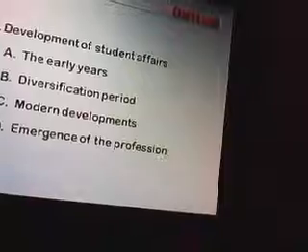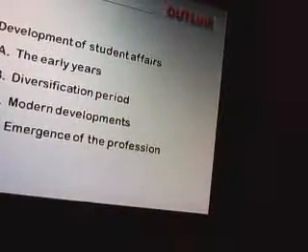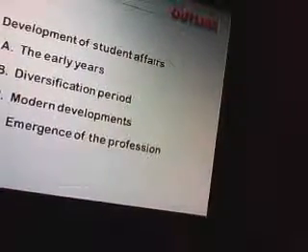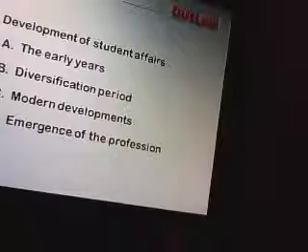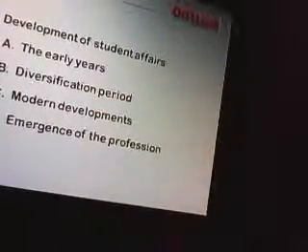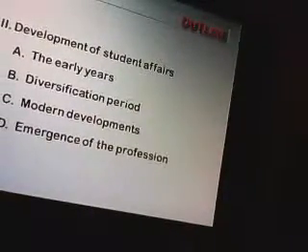Also, during this time, the attendance of students increased. There were a lot more students attending college at this point in time. The residential halls were being built, and there was much more diversity of students attending college.